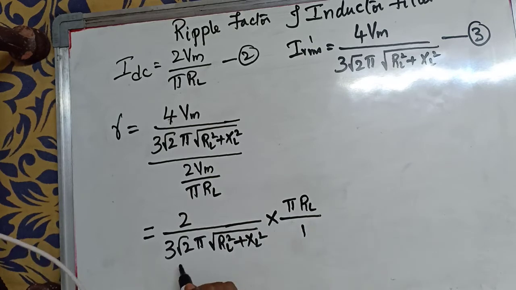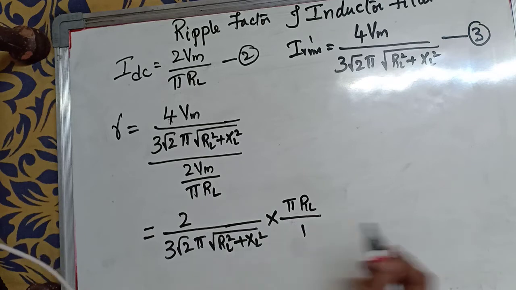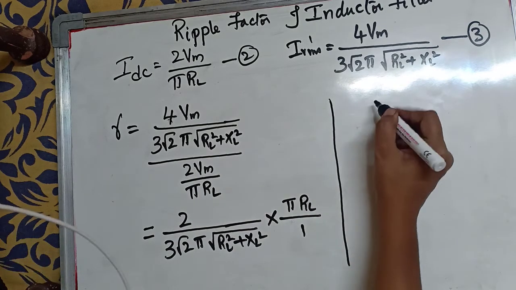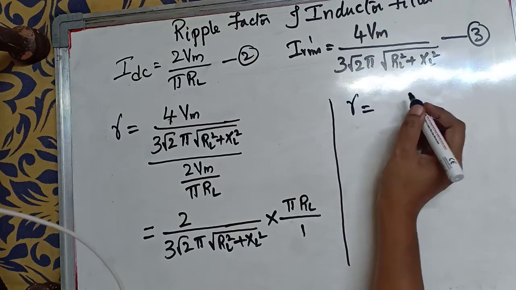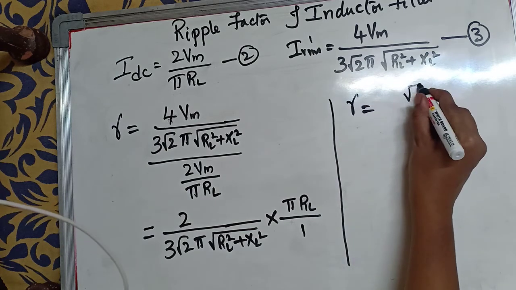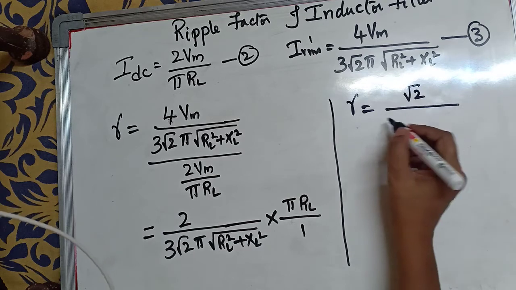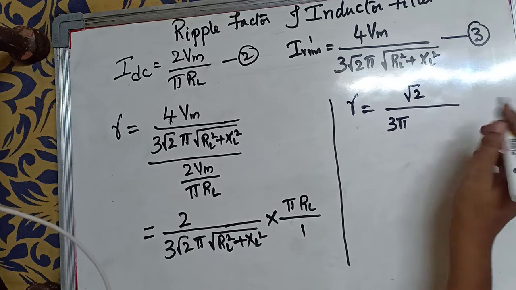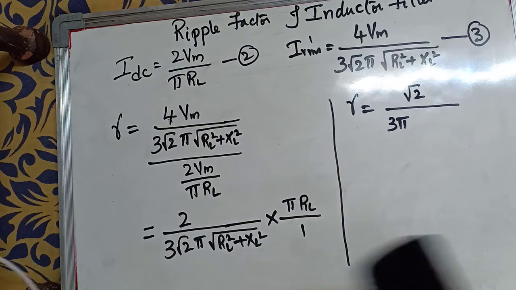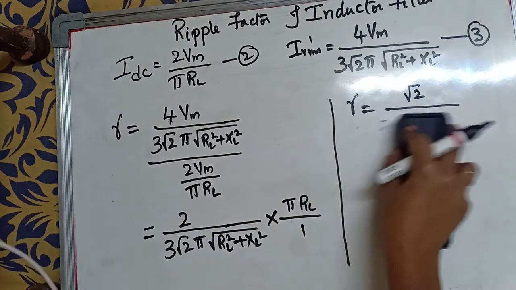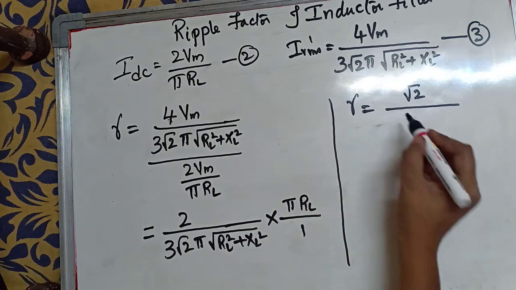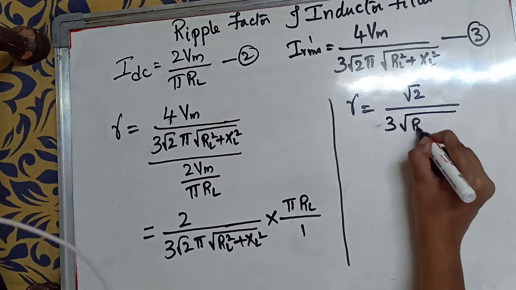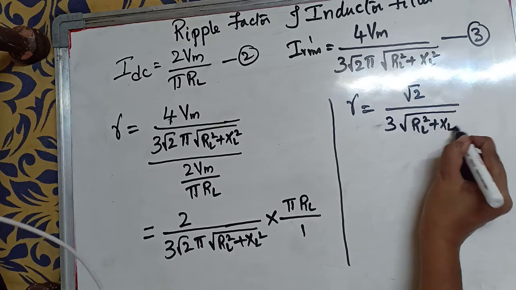Okay, so here again I can cancel pi as well as 2. So what we get here is ripple factor is equal to root 2 divided by 3 into under root of RL square plus XL square.